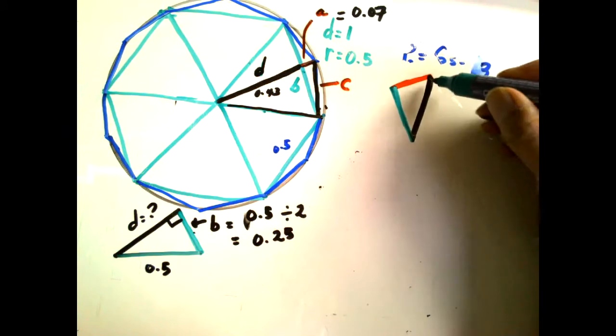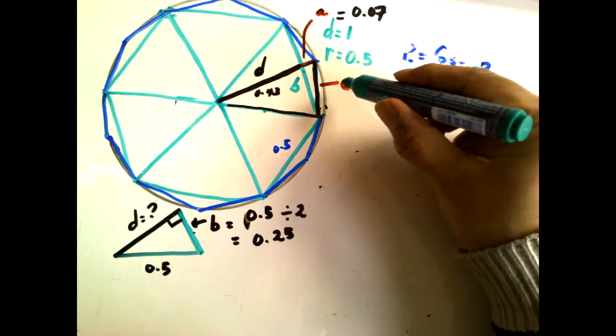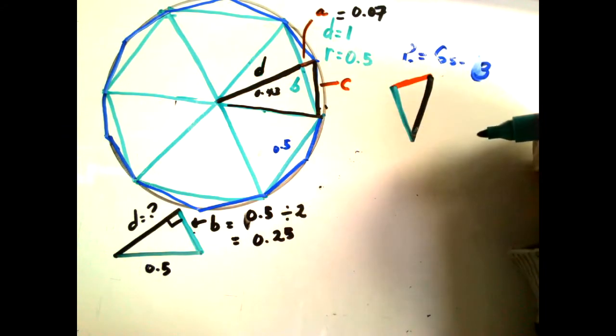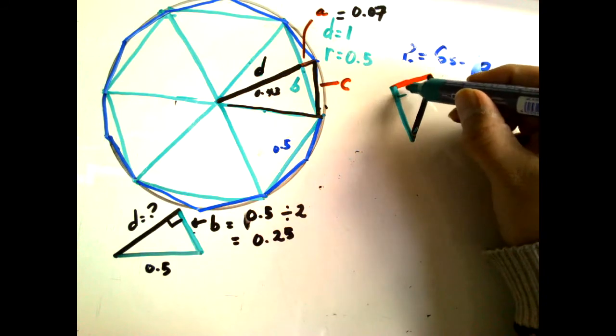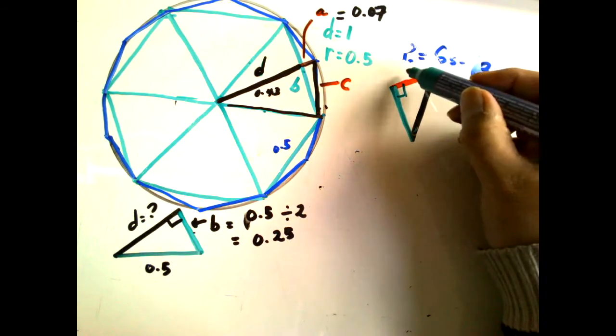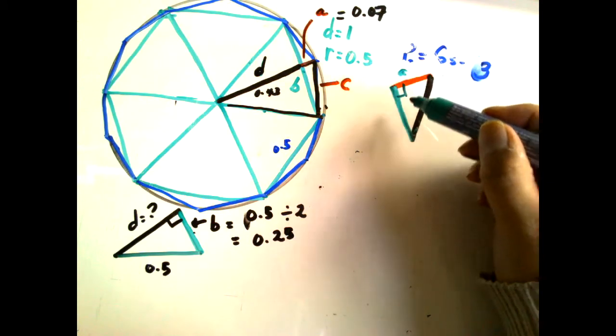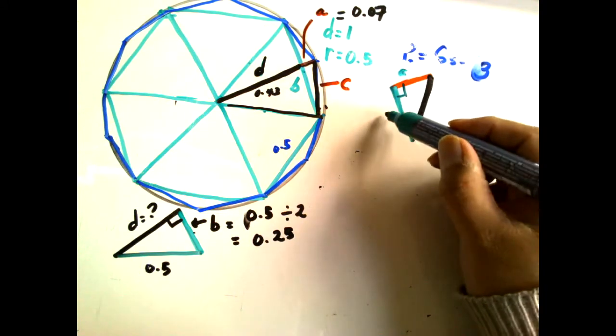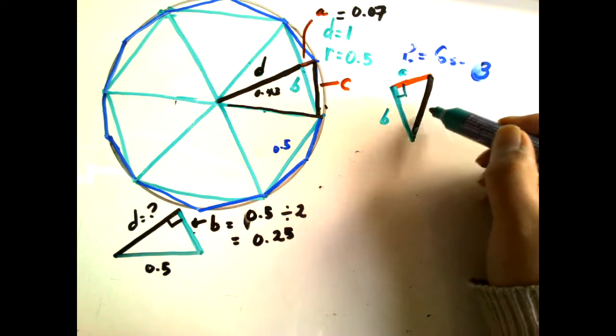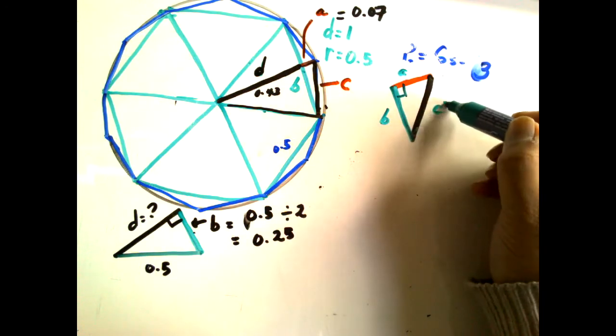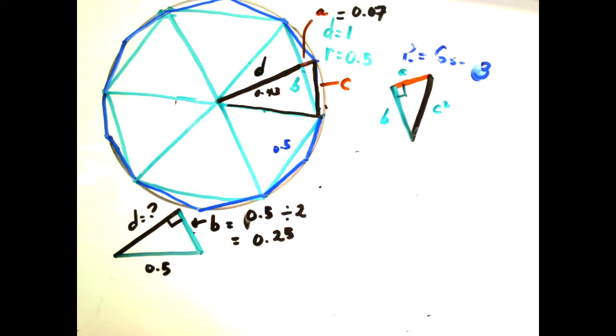And how do we get this black side, this letter C? Well, again, Pythagoras. The length of this shorter side, this is A. The square of this side plus the square of this side, we add together, is equal to the square of the longest side, which is the hypotenuse.